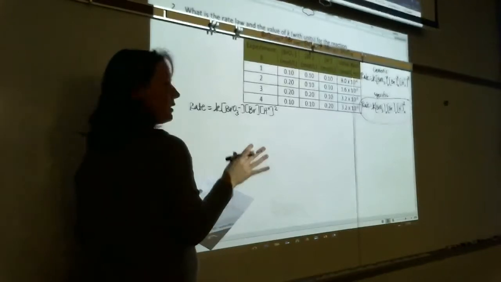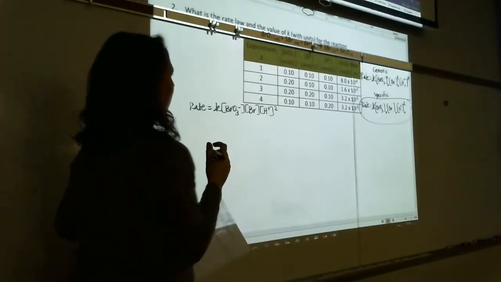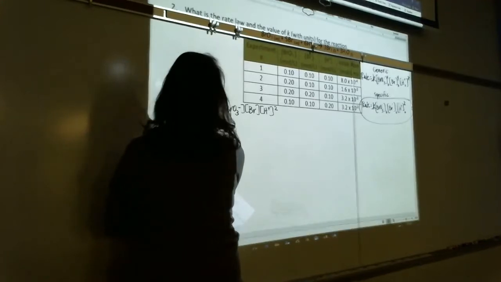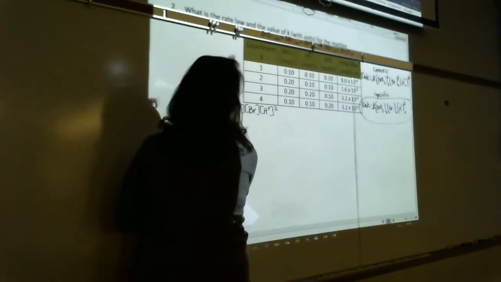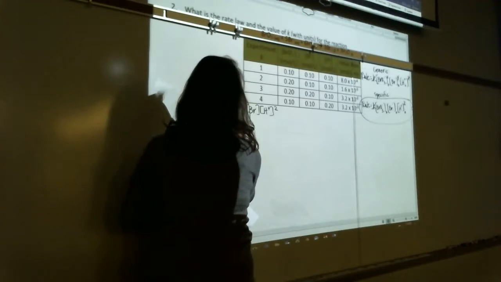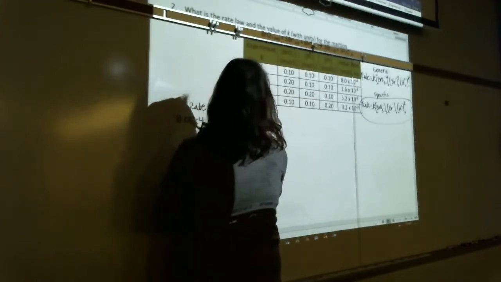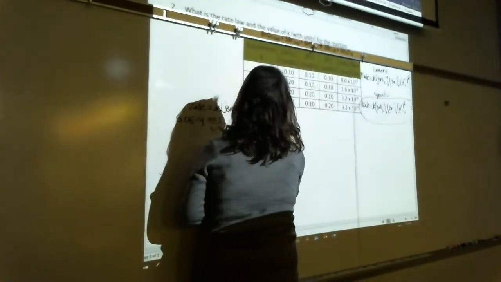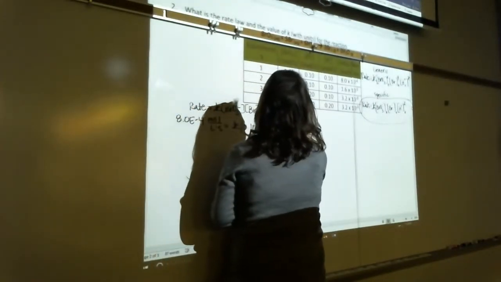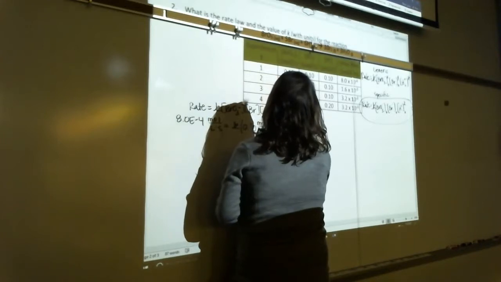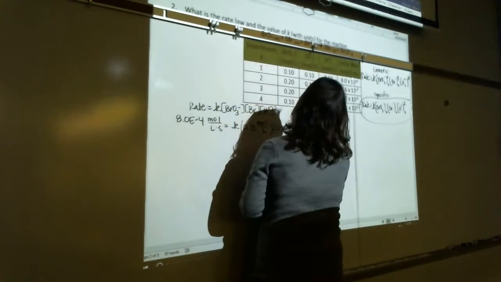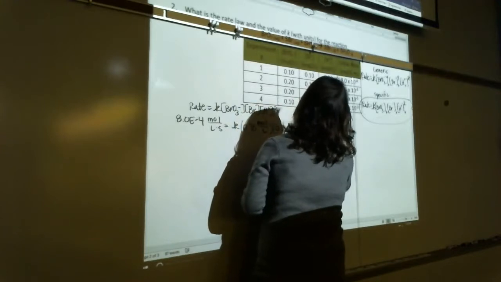We're watching our units, right? Because I did ask for units. So here we go. 8.0 times 10 to the negative fourth moles per liter second is equal to k times 0.10 moles per liter times 0.10 moles per liter times 0.10 moles per liter, quantity squared.